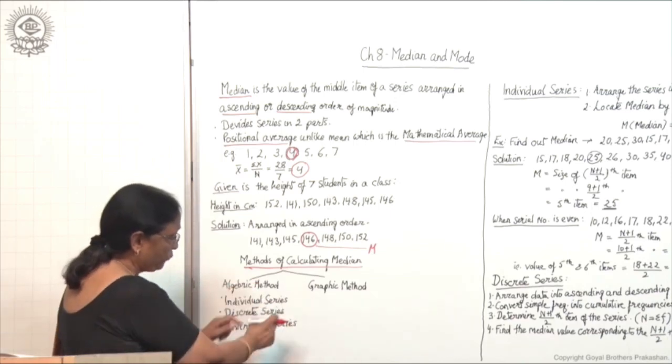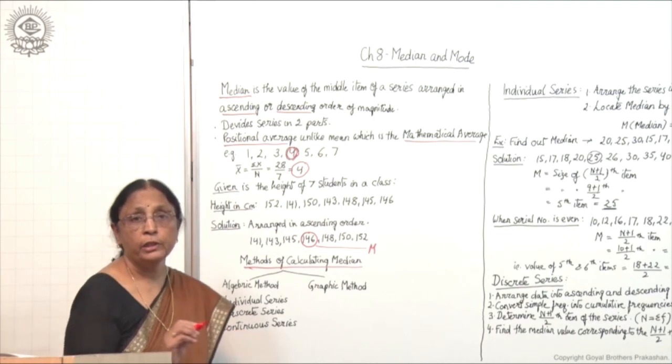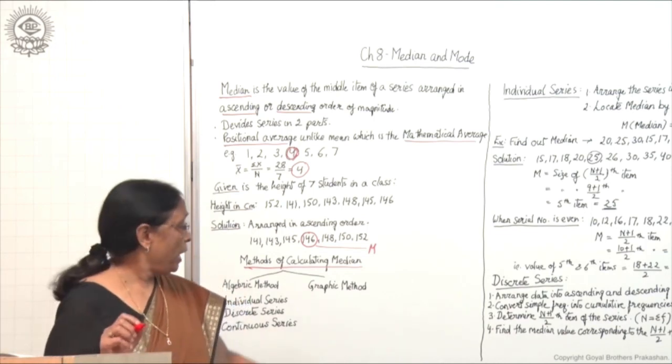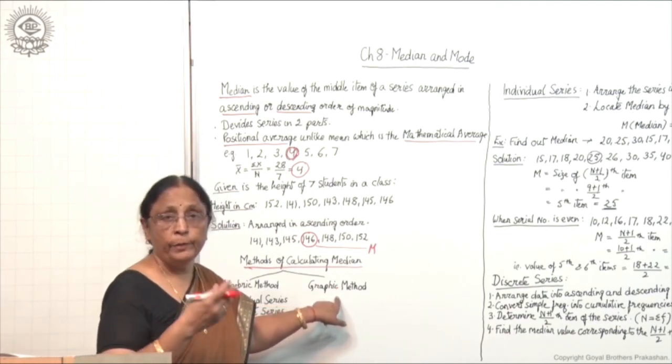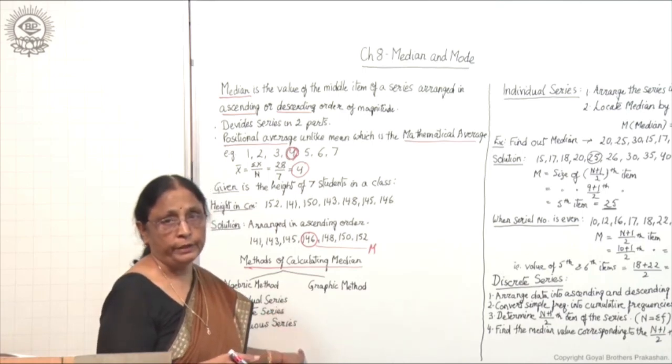We will see how the median is calculated in different types of series by using different formulas. And the graphic method we will take up later after completing the algebraic method.